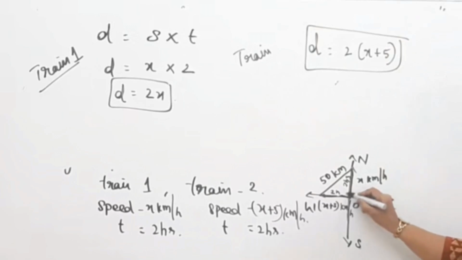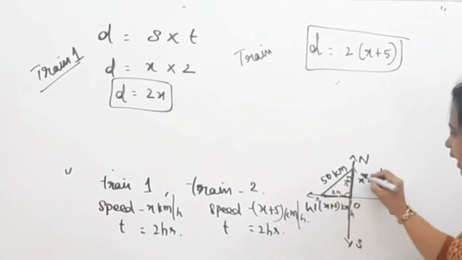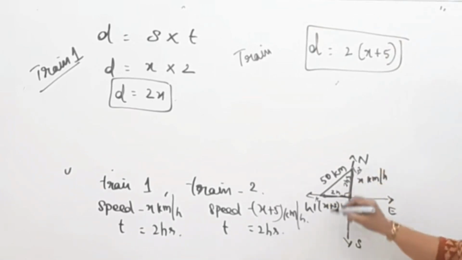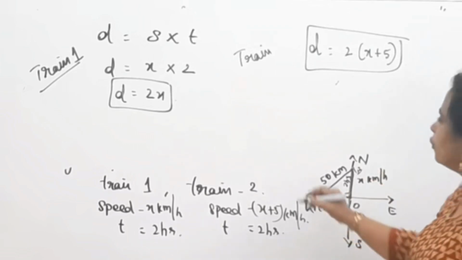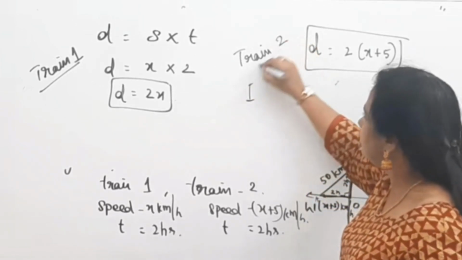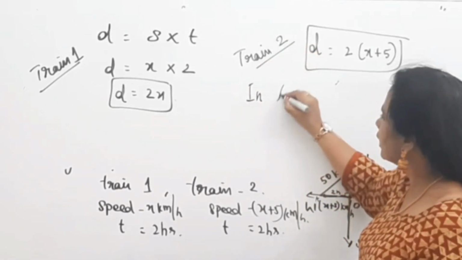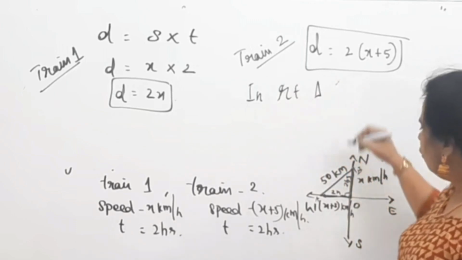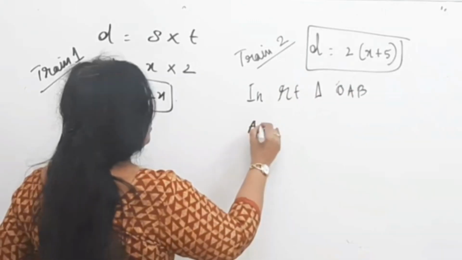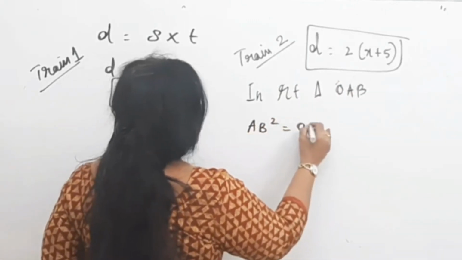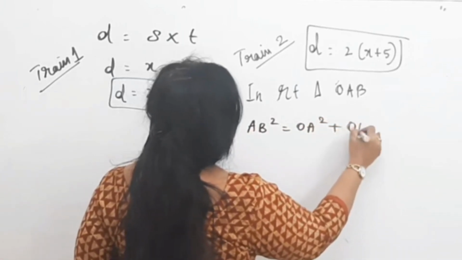Now, let me name this as A and this as B. So they are 50 km away. So in right triangle OAB, AB square is equal to OA square plus OB square.